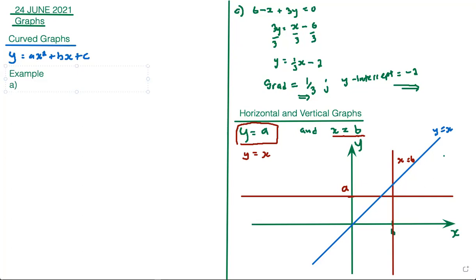So part A of that example says complete the table of values for y is equal to x squared minus 4x.